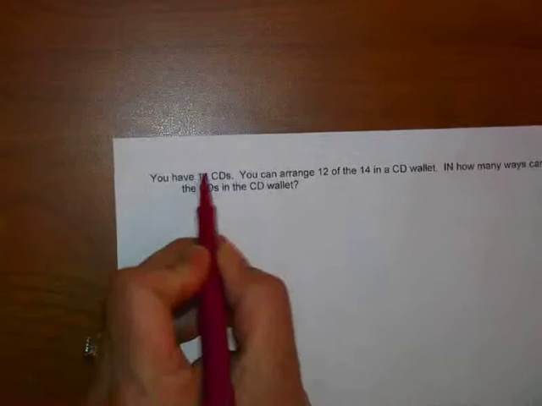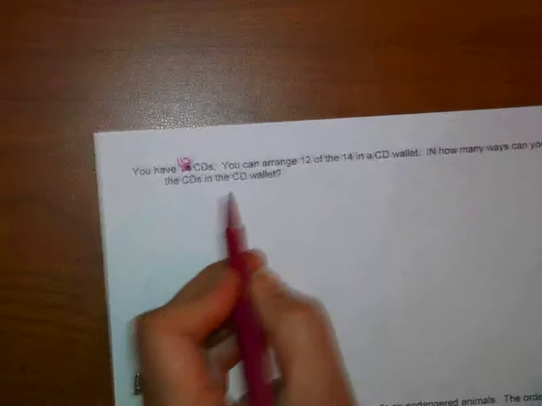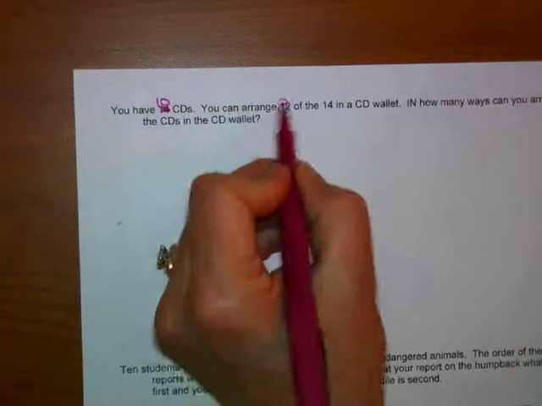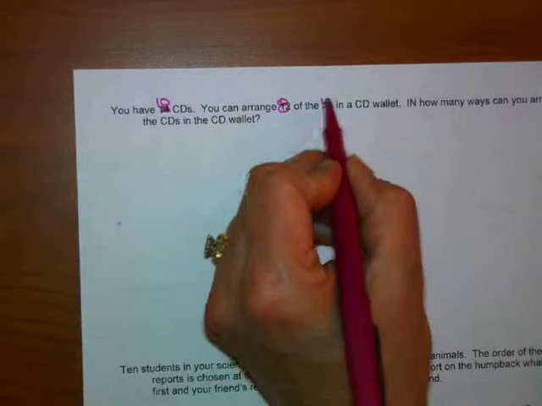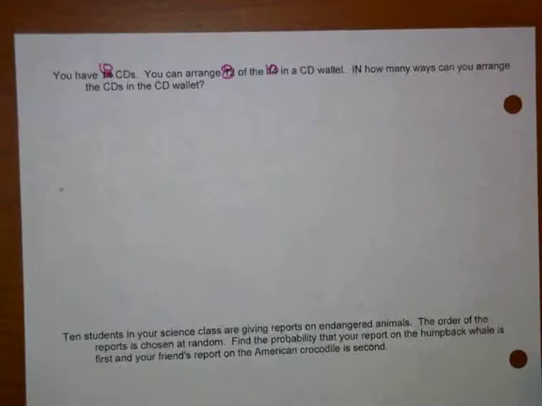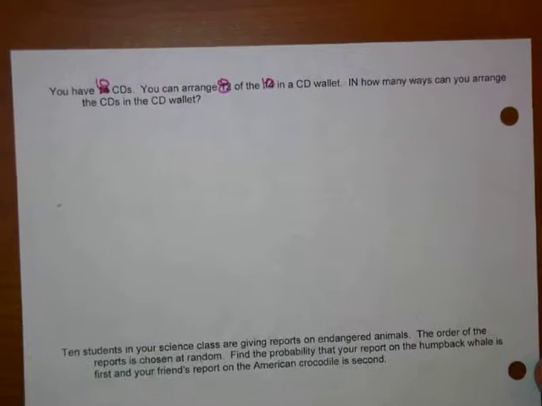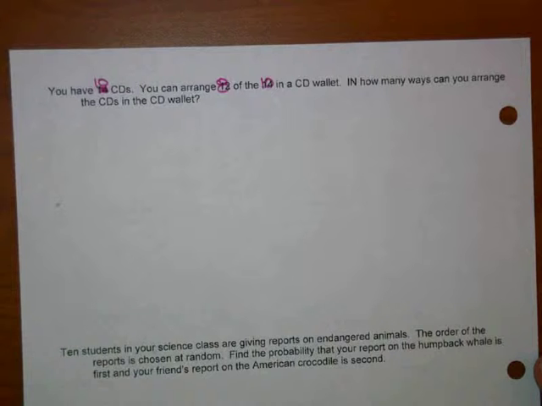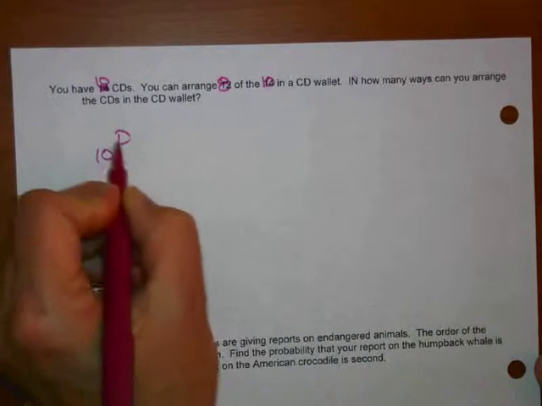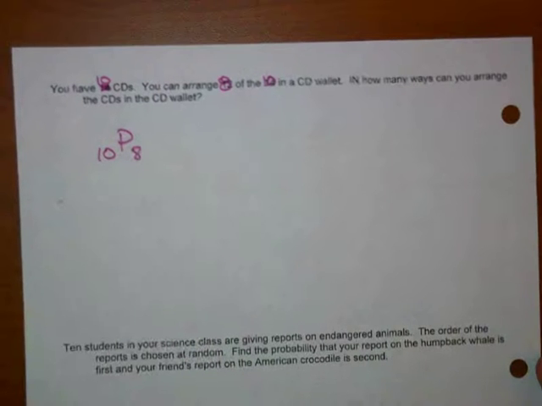This number is way too big, so do 10. You have 10 CDs. You can arrange 8 of the 10 in a CD wallet. In how many ways can you arrange the CDs in the CD wallet? So let's use the formula. I have 10 objects. I want to arrange 8 of them.